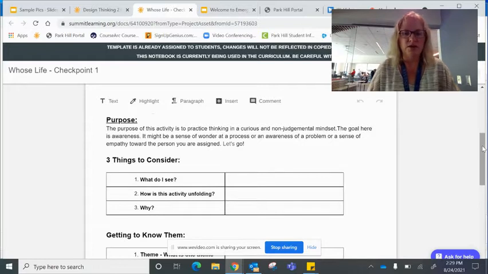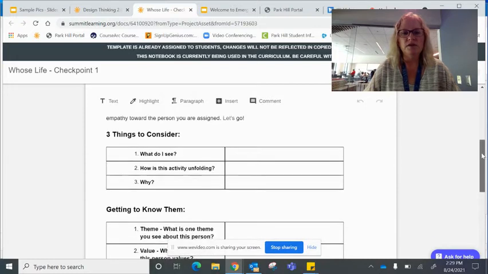In order to do that, you're going to consider three things right here first. Physically, take some notes on what you see in the four pictures. Like, just what do you see? Type out, I see a set of keys, I see whatever. Okay. Then, what activities do you see unfolding in those pictures?